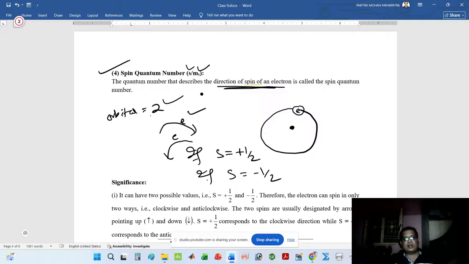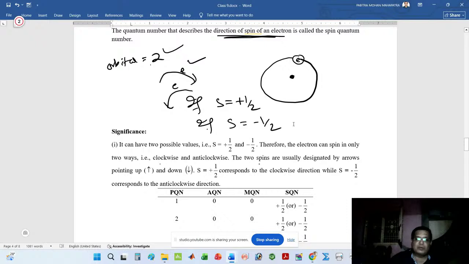So it can have two possible values: S is equal to plus half, which denotes the clockwise direction, and S is equal to minus half, which denotes the anti-clockwise direction.